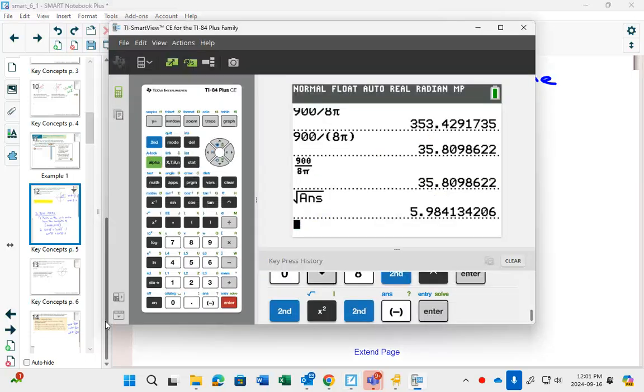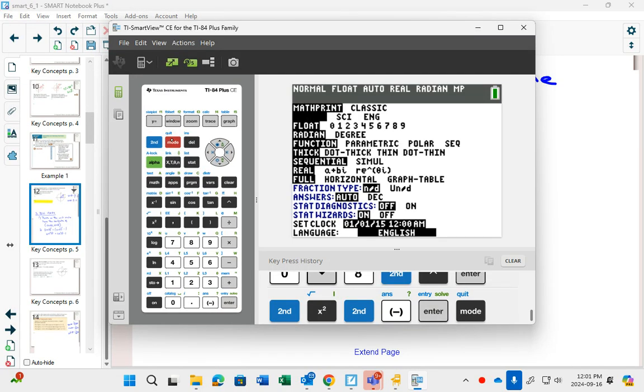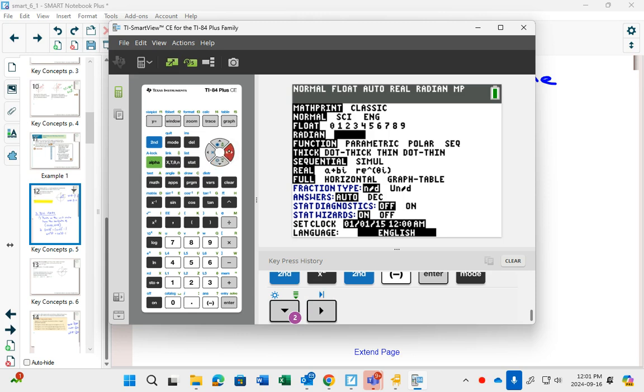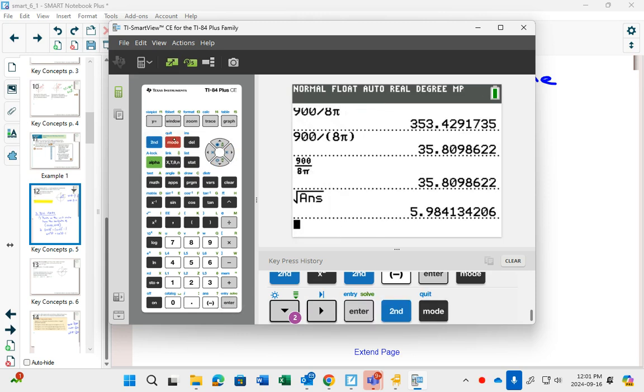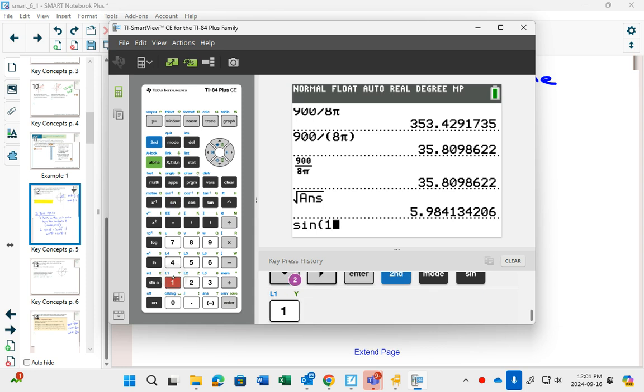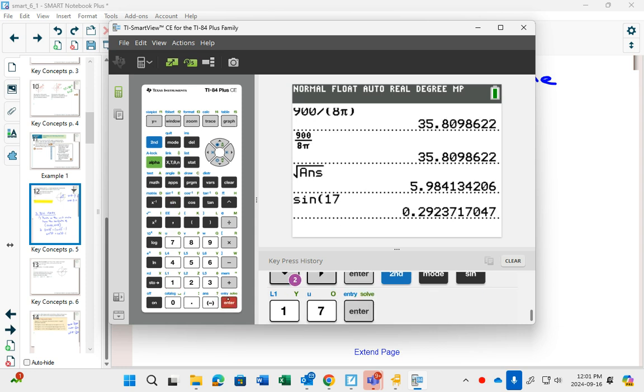So just to look at the mental math that she did, first of all, you make sure that I'm in degrees. I'm not. My calculator degrees. So this is what we did. We did sine of 17 degrees. That's not even as many decimal places as you remembered. Very impressive. That's only 10 decimal places. You remembered 11. Okay.